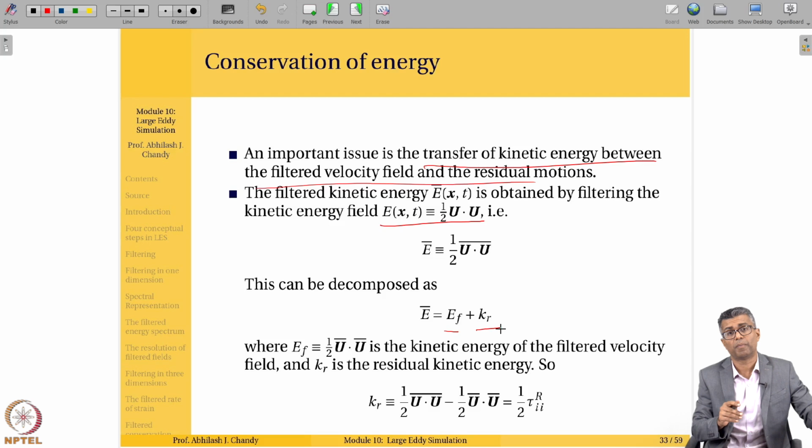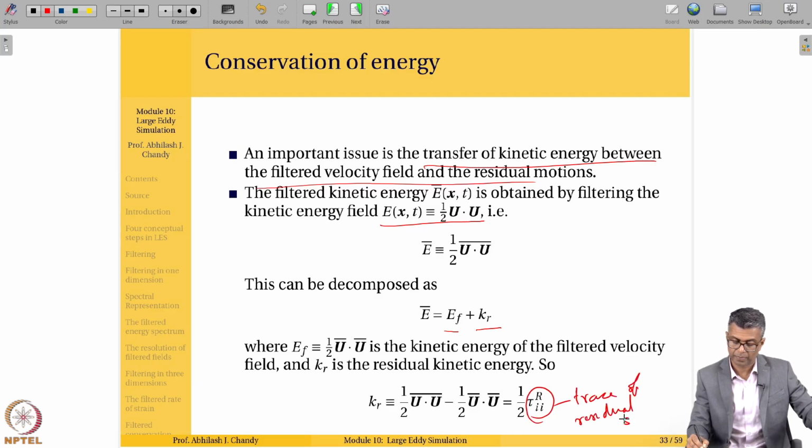EF is the kinetic energy of the filtered velocity field, so that is half u bar dot u bar, and Kr is the residual kinetic energy which we had defined earlier, which is half u dot u bar minus half u bar dot u bar. That's the same as half times the trace of the residual stress tensor, isn't it? This is the trace of the residual stress tensor. So that is your residual kinetic energy.